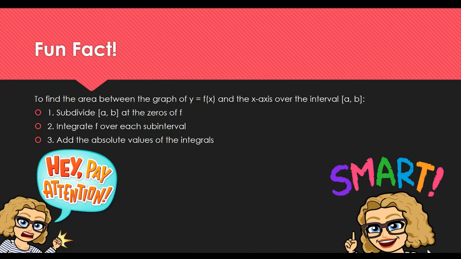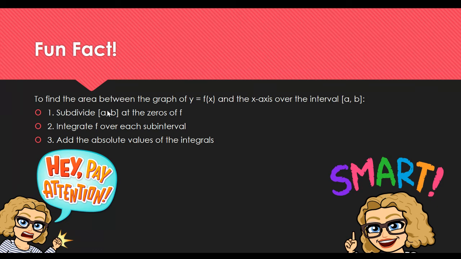Fun fact, if we want to find the area between the graph of an equation and the x-axis from an interval AB, so like two x values AB, first you've got to find the zeros of your function. Find your x-intercepts.